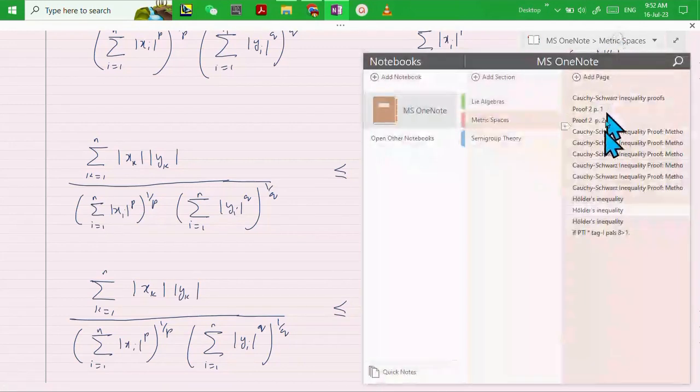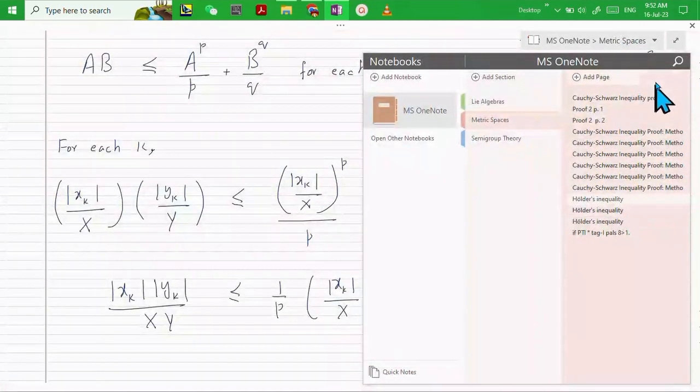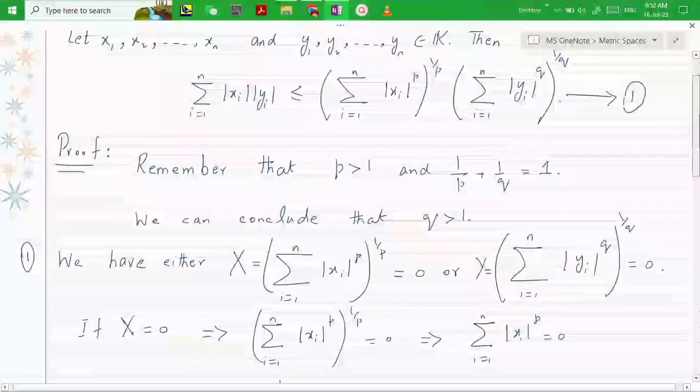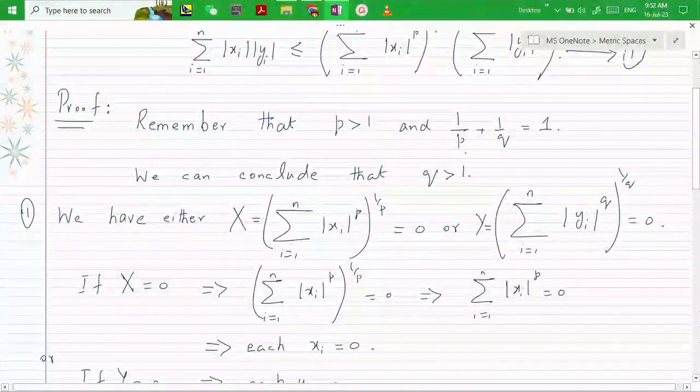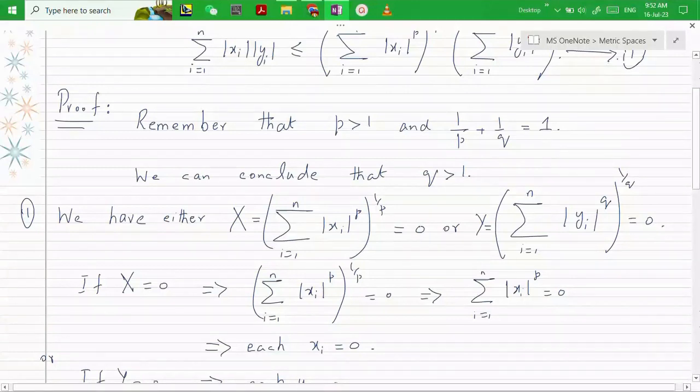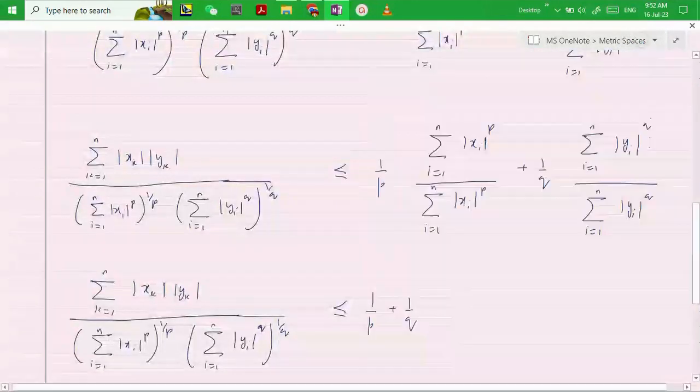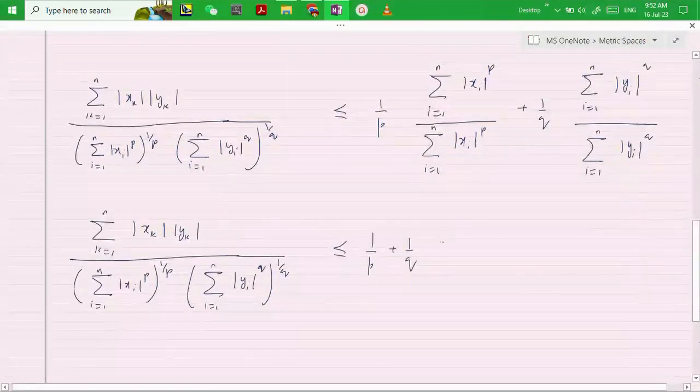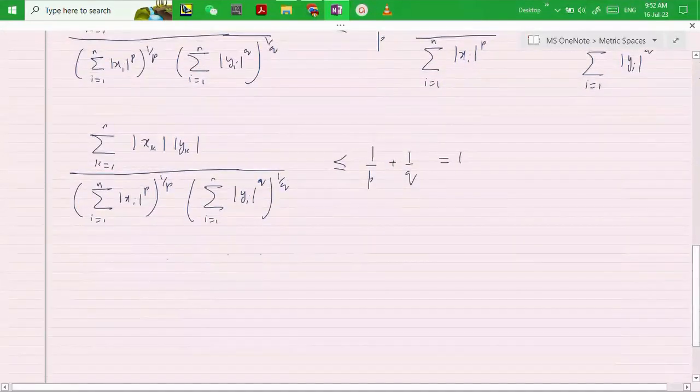If you can see, in the beginning we take 1 by p plus 1 by q equals 1, so that's equal to 1. So this implies that, and we also replace the indices here.